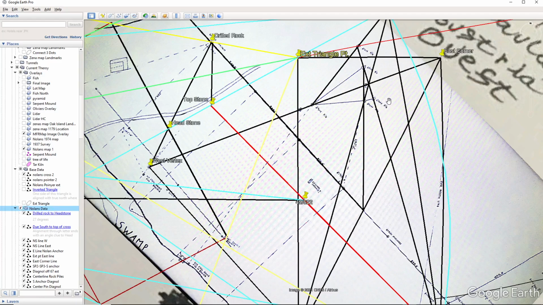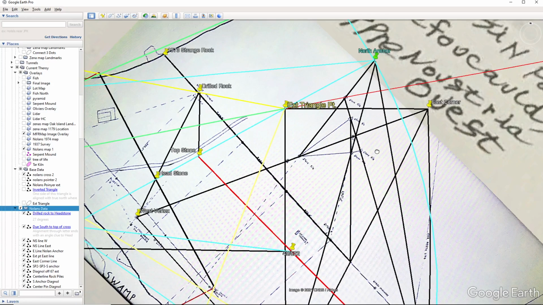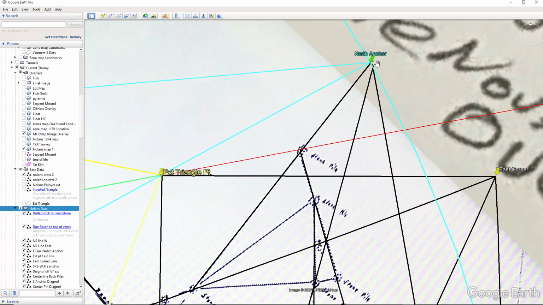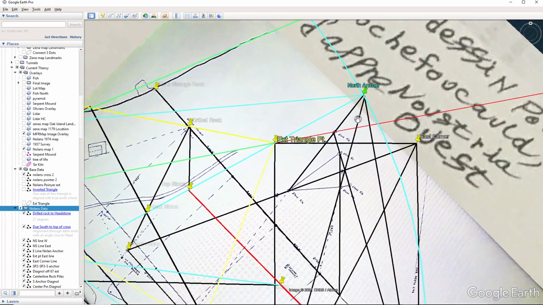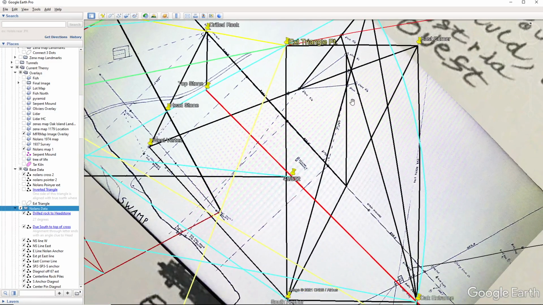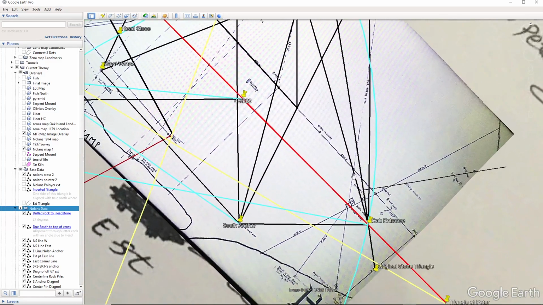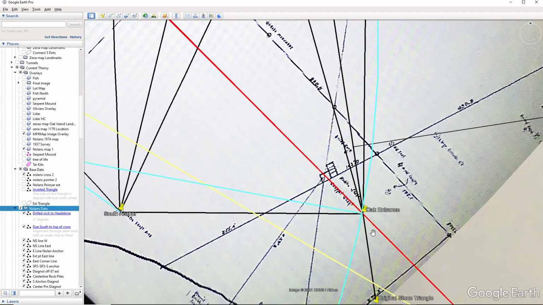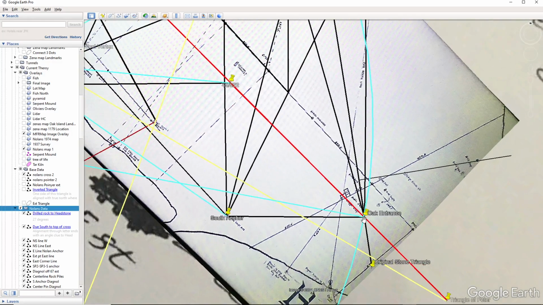And you can see I haven't changed it, and it's not precisely right, but it's within 6 feet of the oak entrance and the drilled holes for the 1937 survey.